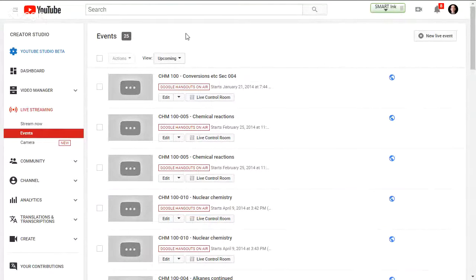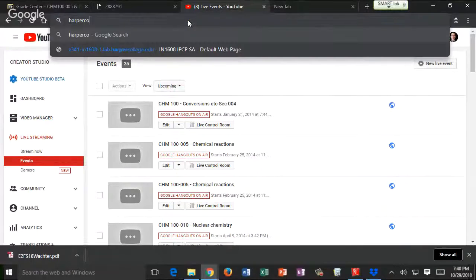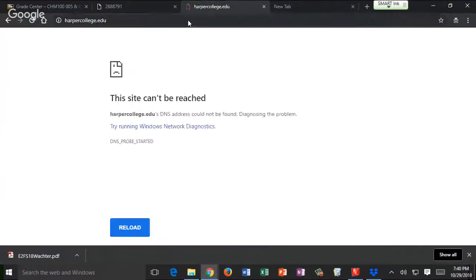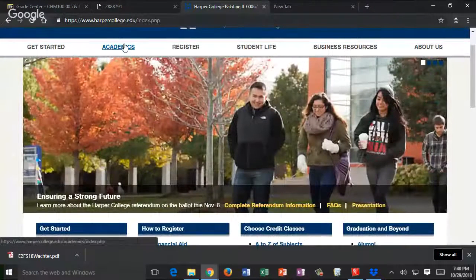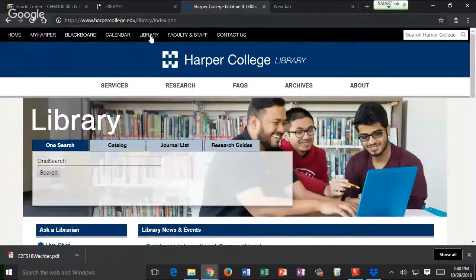So you got your computer up. Head to Harper's website. You've got to put the www in there. And we're going to go to the library. There's a little link right up the top that says library.